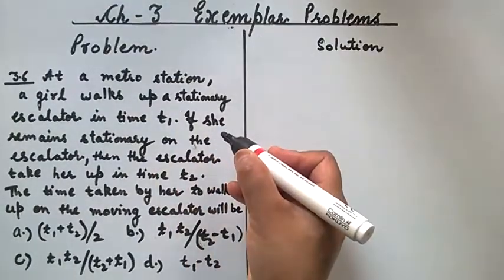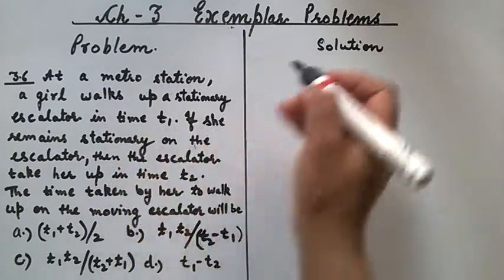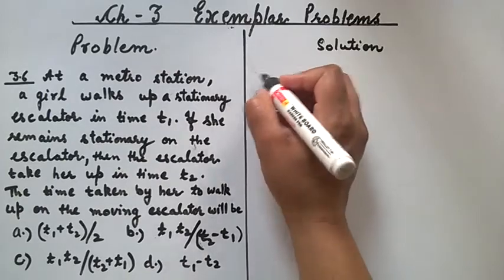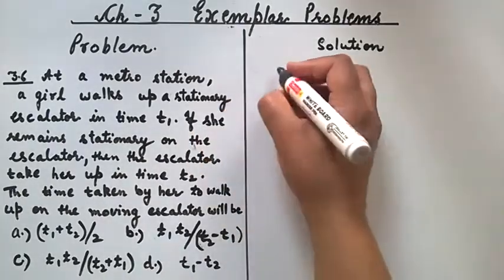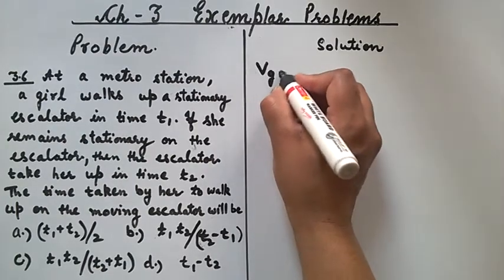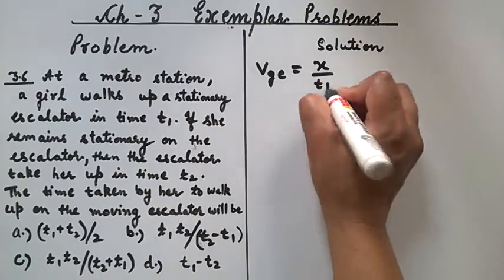Problem number 3.6. At a metro station, a girl walks up a stationary escalator in time t1. Let her displacement be x, the time taken be t1, and the velocity be v. So the velocity of the girl with respect to the stationary escalator is x by t1.